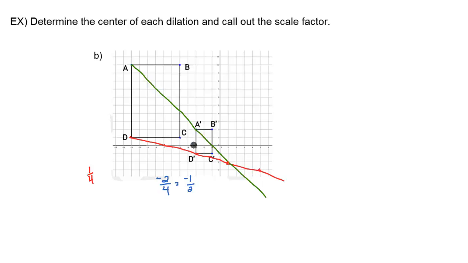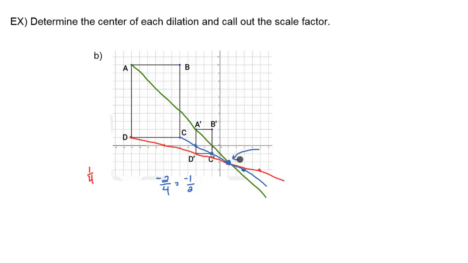So I go down 1 over 2, there's a point, so I start my line, and then I go down 1 over 2 again, and then down 1 over 2, and yep, sure enough, it looks like my line goes through this point right here.